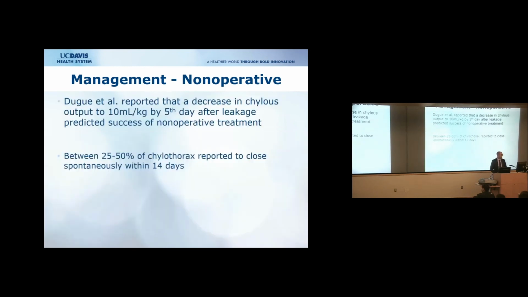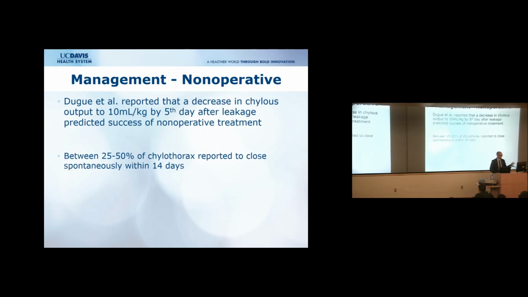So Dug et al. reported that a decrease in chylous output to 10 milliliters per kilogram by the fifth day after the leakage was noted predicted success of non-operative management. Again, it's hard to quantify these into hard and fast terms, as these patients have to be evaluated daily, and the management strategies oftentimes have to be changed.